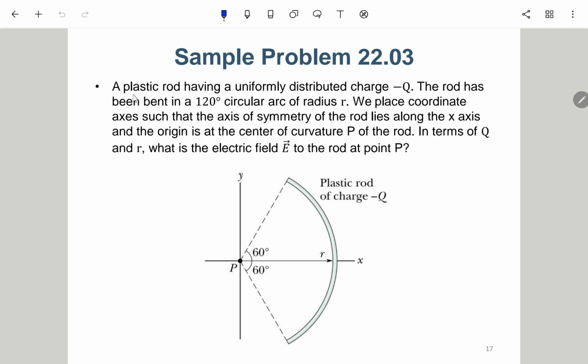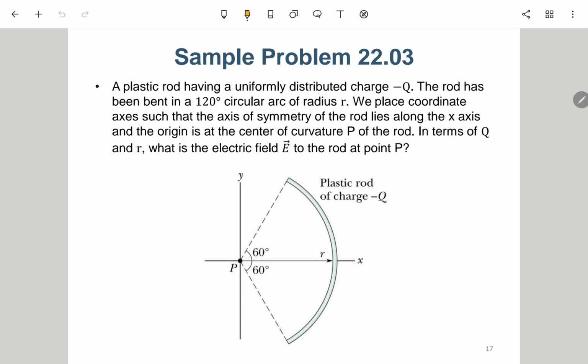Here we can see that it says a plastic rod has a uniformly distributed charge of -Q. The rod has been bent into a 120 degree circular arc of radius r. We place coordinate axes such that the axis of symmetry of the rod lies along the x-axis.